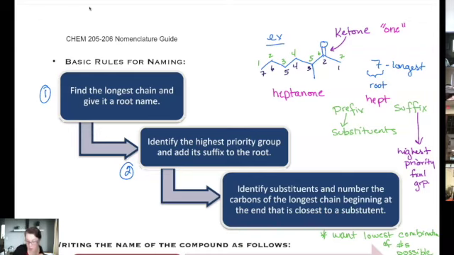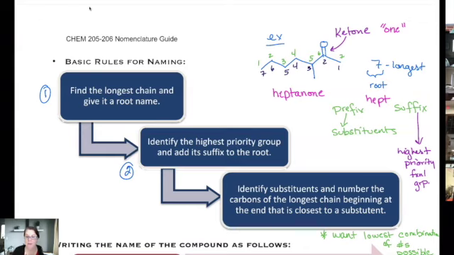If I numbered according to this, I guess this is a dark purple color, I would say the ketone is at number 2 and the methyl group is at number 3. So I get a 2-3 number combination. 2-3 is smaller than 5-6. Okay, so we're going to want to go with that dark purple color numbering because we get the lowest numbers possible.